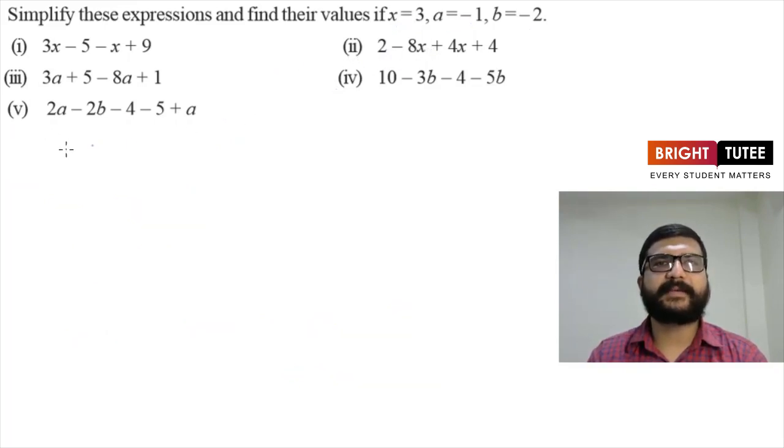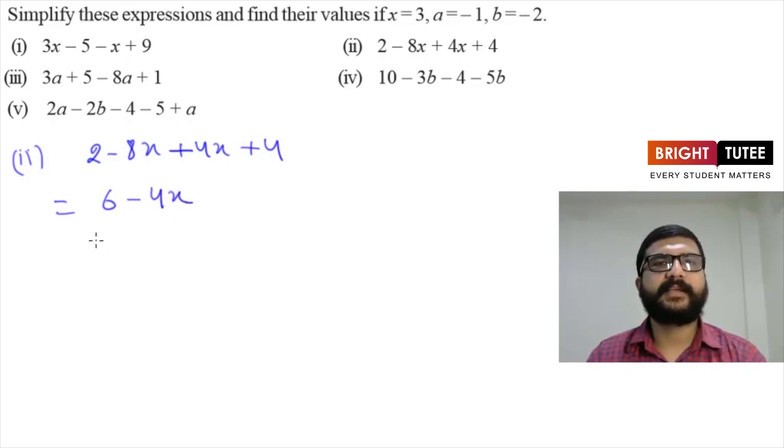Now the next expression, the second one, it is given 2 minus 8x plus 4x plus 4. Now 2 plus 4, this is 6, minus 8x plus 4x, this will be minus 4x. Now again we will put only the value of x, and which is 3.